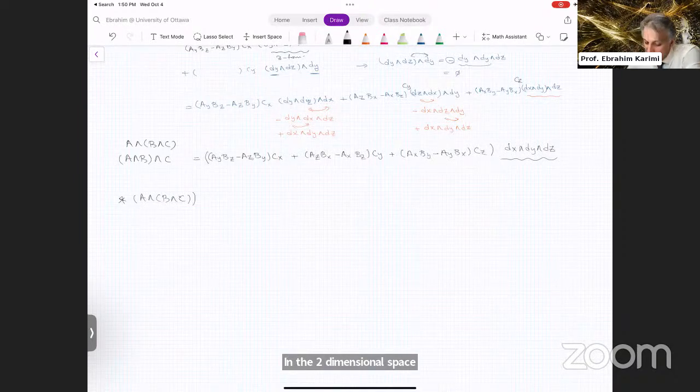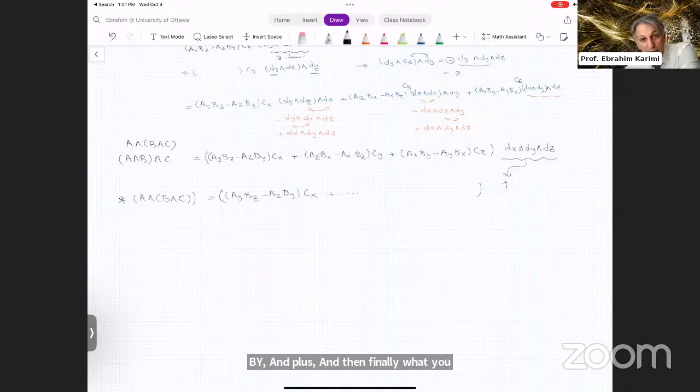Yes, exactly, it is 1. So the result of this will be equal to (AY BZ minus AZ BY) CX and plus the other terms. And then finally what you have is 1, because that's the 0-form essentially, which is 1.